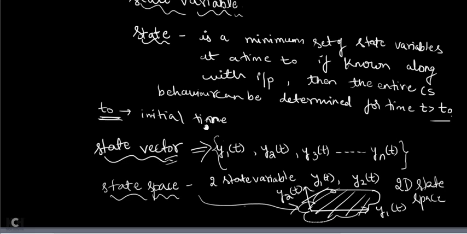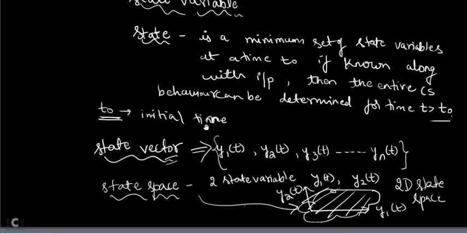So if you know the behavior, if you know the standard state variables, here what are the state variables? What are his hobbies, what he will do whenever he has free time. If you know all his hobbies and what he will do in his free time, all those things are state variables.